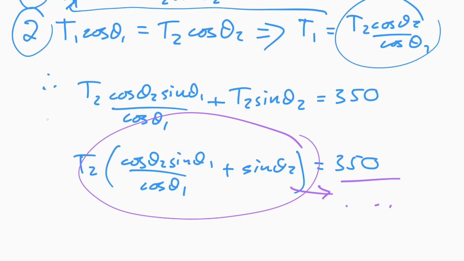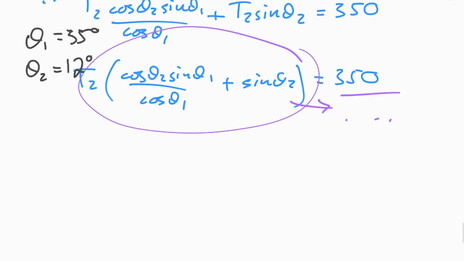So we're going to say that theta 1 is 35 degrees, and theta 2 is 12 degrees. So let's try putting this all in. I'm going to do the brackets first. So I'm going to say cos of 12 times sine of 35 divided by cos of 35.